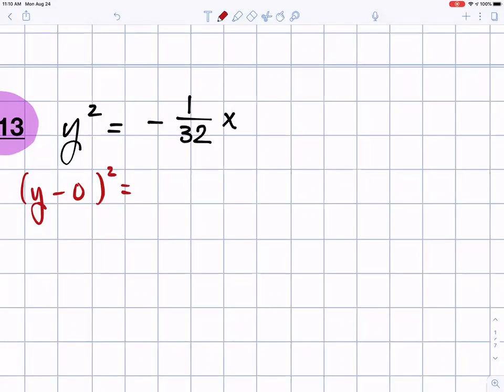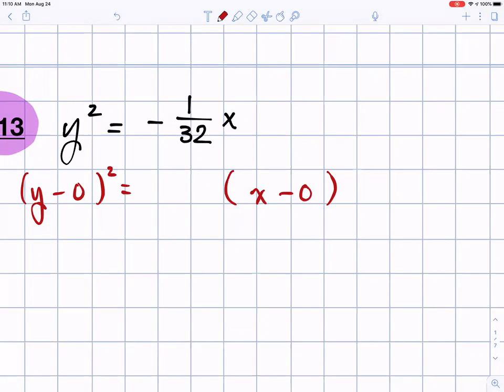Leave yourself some space after the equal sign and let's take care of the X piece. What's another way to write the X piece if I'm trying to match it to the standard equation? X minus 0, X plus 0, whatever. Now, what goes in that empty space that I haven't filled in?